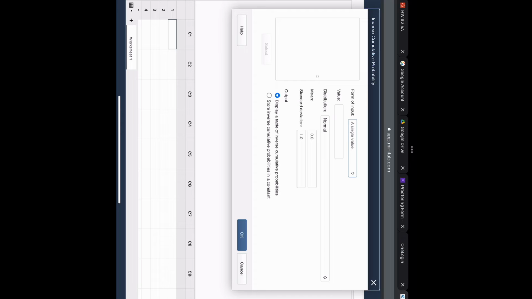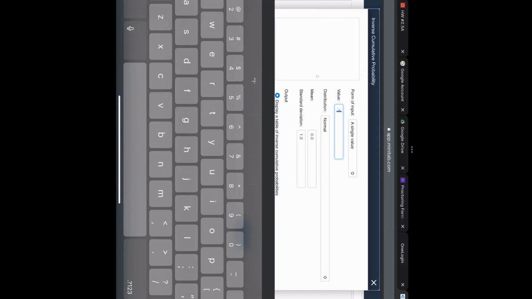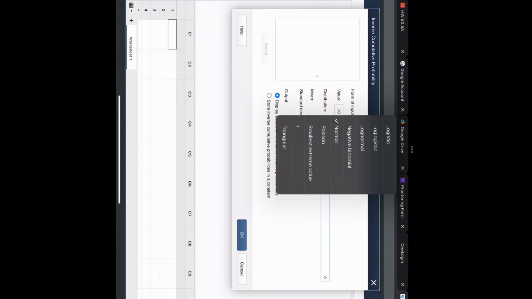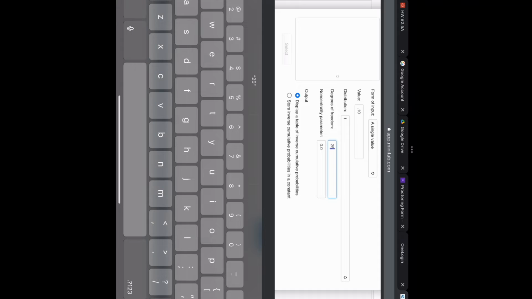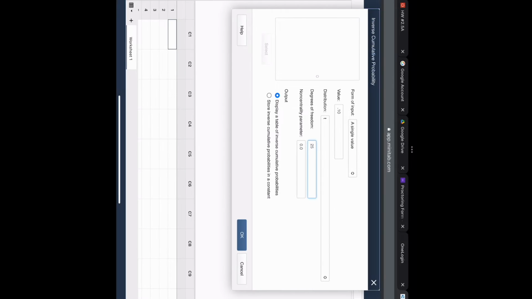I'm going to go to data, calculate, probability distributions, inverse. I'm looking for a critical value for 10%. I could also do 90, but not a normal, a t-distribution with 25 degrees of freedom and obviously a zero non-centrality parameter. And then we can hit enter, and voila, same number pops up right here. So you can do this using either Minitab or your TI.